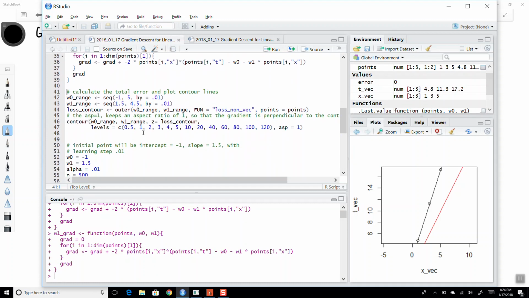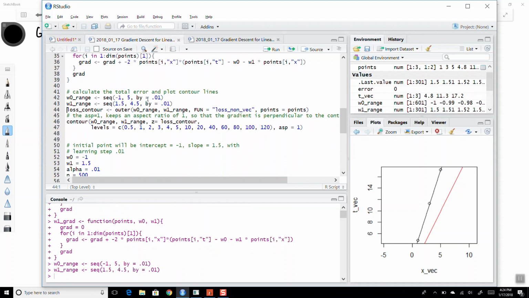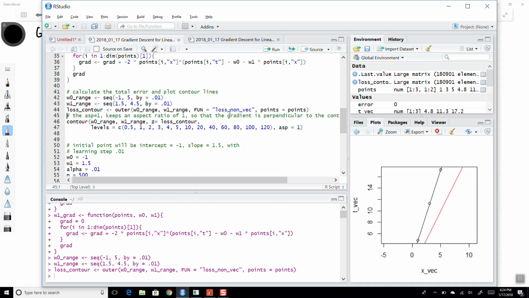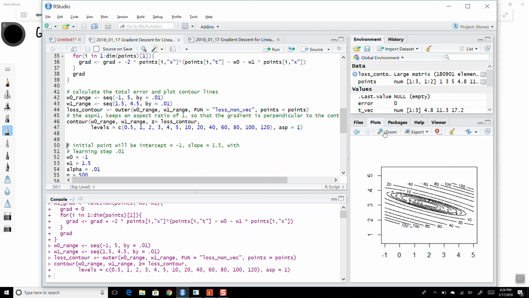Okay, and now I'm going to plot some contour lines. So here I'm going to create a range from -1 to 5, and then 1.5 to 4.5. If I plot the contour, I'm just calculating the loss function for every value in this grid, and then I'm going to create the contour plot, and this is what it looks like.